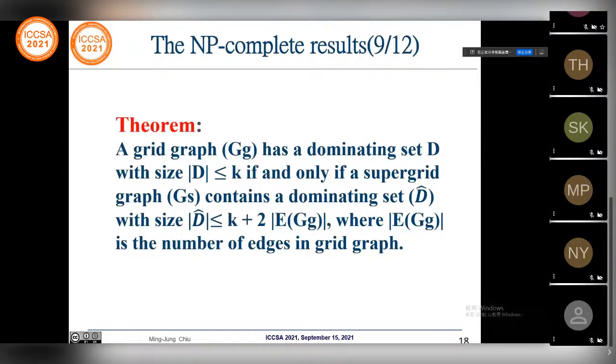This is a theorem. A gridded graph has a dominating set D with the size less than or equal to k if and only if a supergridded graph contains a dominating set D hat with the size less than or equal to k plus 2 times the number of edges of the gridded graph.